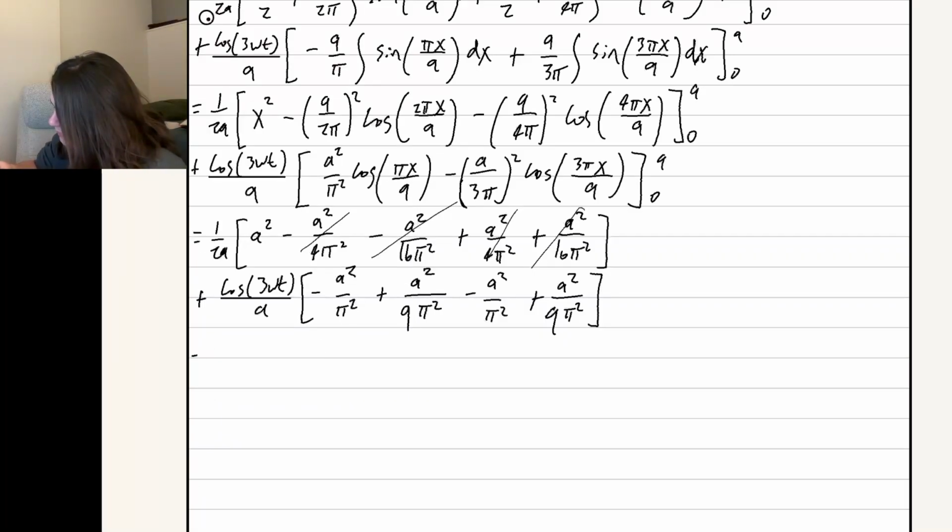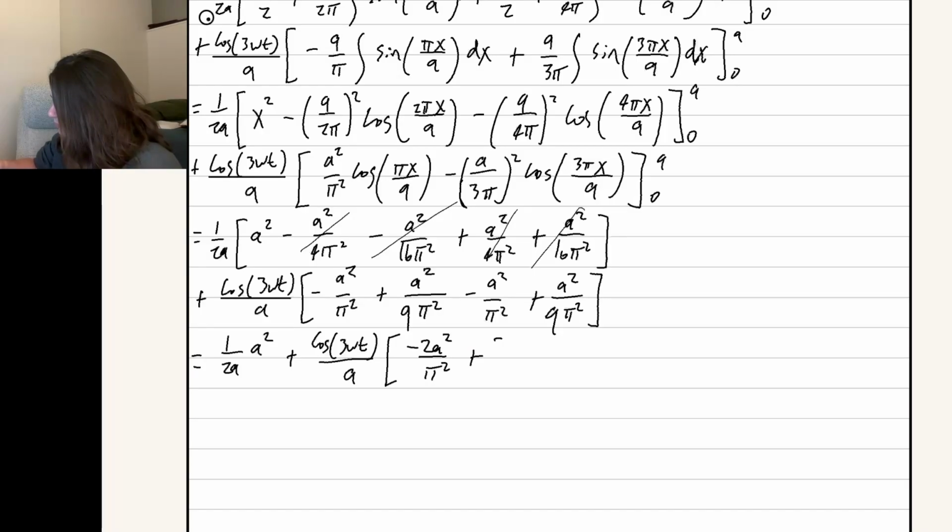So we have 1 over 2a times a squared plus cosine 3 omega t over a. Then we have minus 2a squared over pi squared plus 2a squared over 9 pi squared.